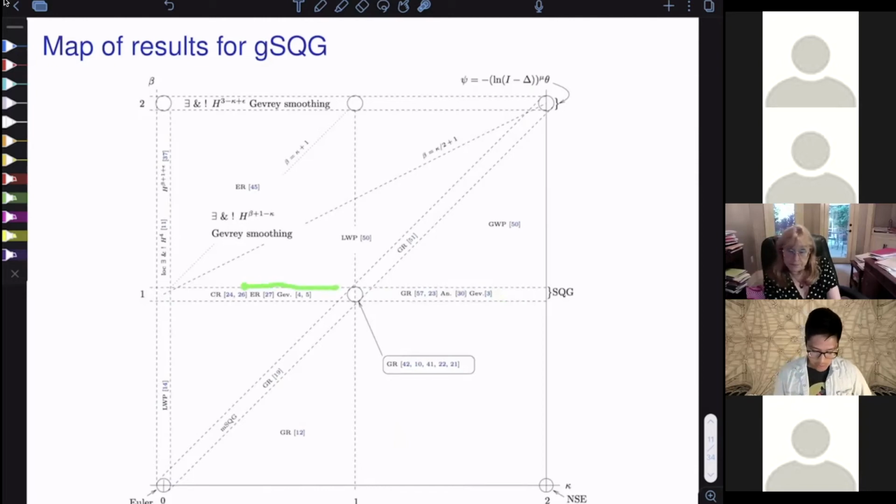On the other side, the supercritical side, for the supercritically dissipative SQG, one has conditional regularity results, eventual regularity results, but also regularity results in the scaling critical spaces. The results I'd like to talk about today all belong to this northwest corner.